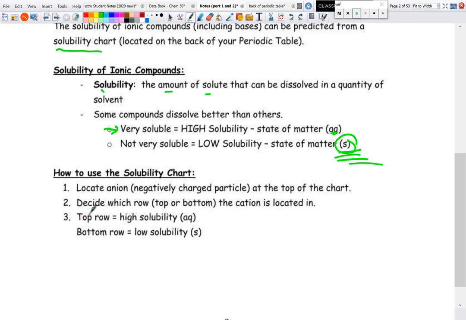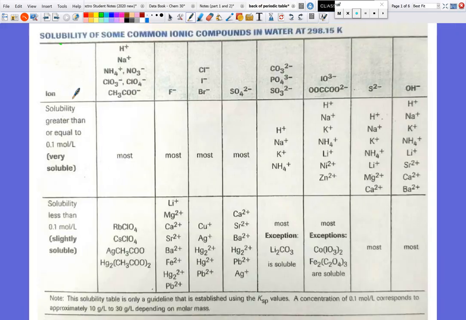Now, next, we're going to decide on which row, the top or the bottom, the cation is located in. So if it's in the top row, so if the combination of anion and cation corresponds to the top row, we have high solubility, so it's going to be aqueous. And if it falls in the bottom row, it's going to be solid. Right, so what that means is we'll notice right here, so let's say, for example, carbonate is our anion, and we have sodium as a cation.